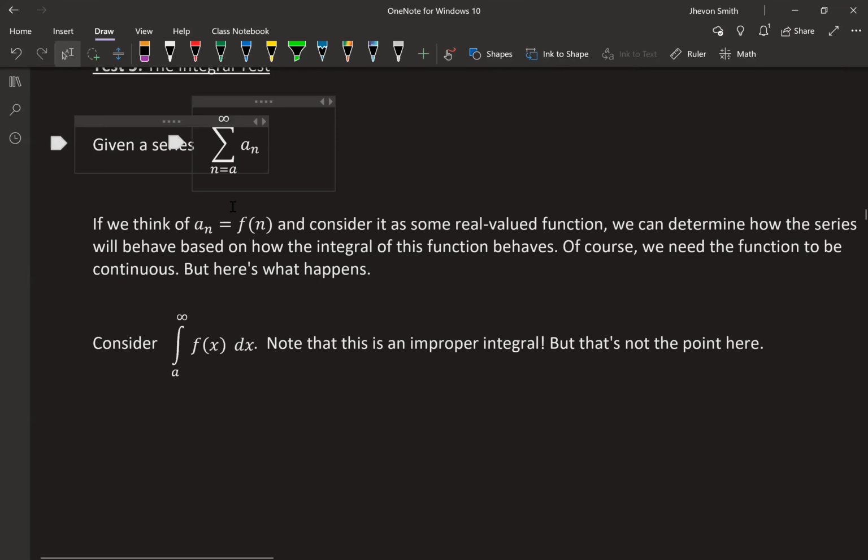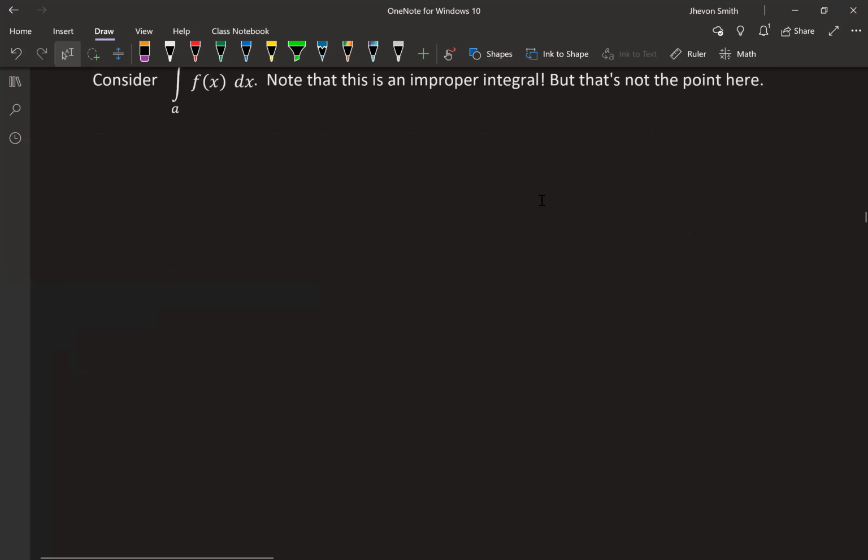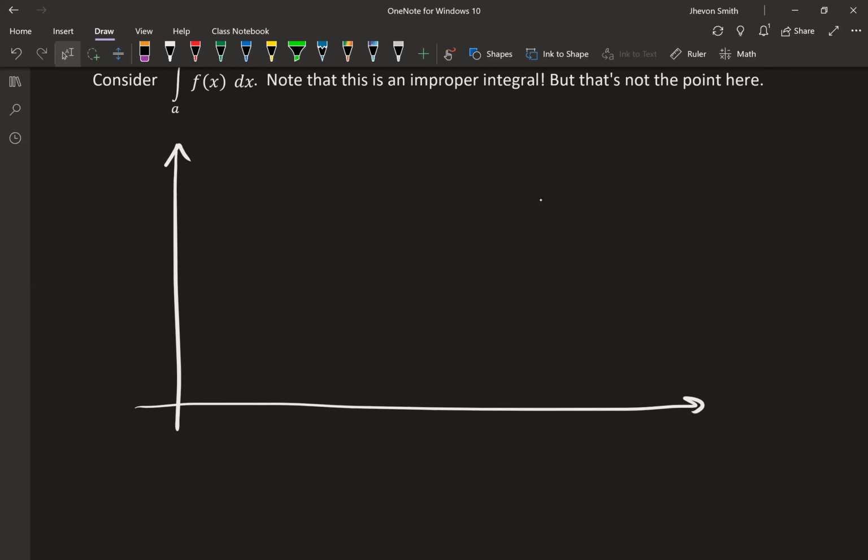If, instead of a_n, I think of it as a function and I'm integrating over the limits, I can imagine that there's some function and it's decreasing, of course, because I want the limit to go to 0.